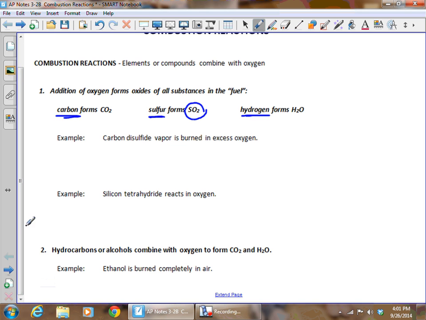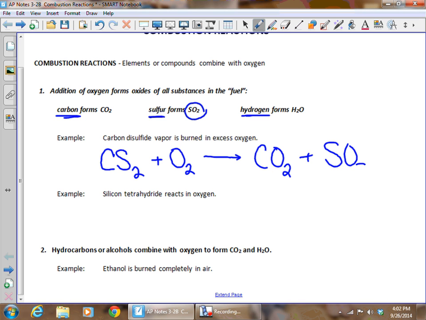First, we have carbon disulfide vapor, so carbon with two sulfurs, and it's burned in excess oxygen. So we're going to add oxygen to it. That's one of the most common things that people forget, to add the oxygen that we need when it's burning. So carbon disulfide plus oxygen, we're going to get an oxide from both of the elements in the fuel. Carbon forms CO2, and the sulfur is going to form SO2 when it reacts.